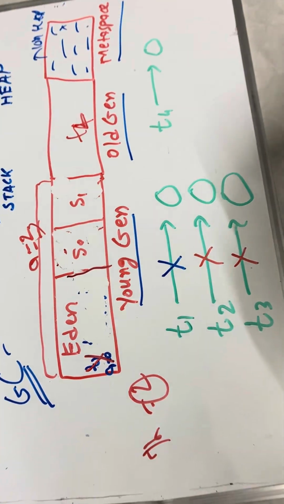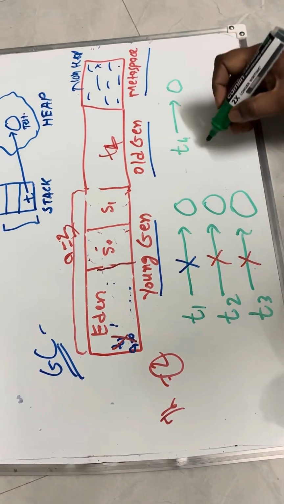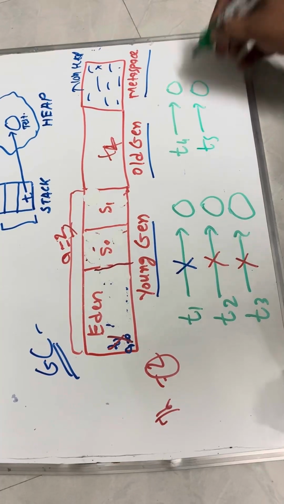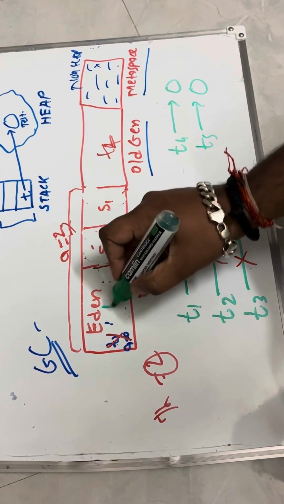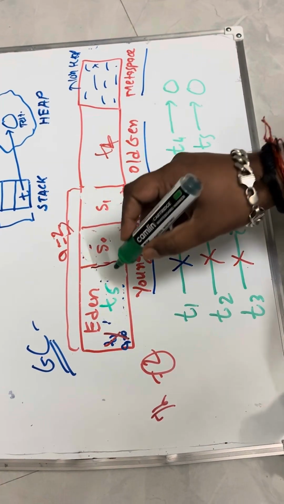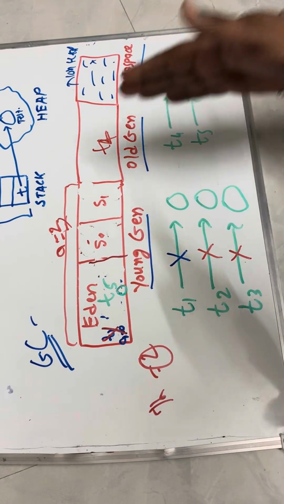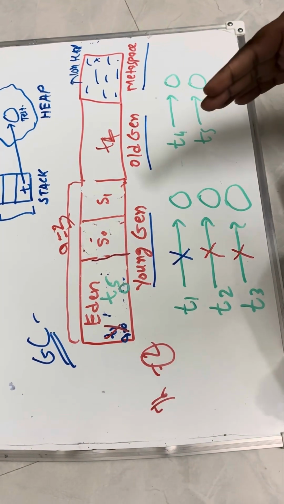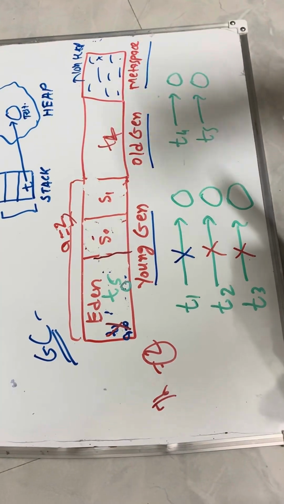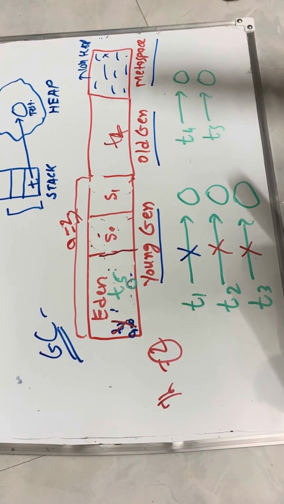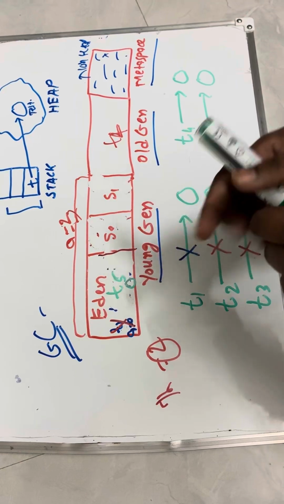By this time, let's assume we defined one more object, T5. Again it will follow the same cycle. T5 will be created in the eden space with its age being 0, and it will follow the same cycle. The minor garbage collector usually happens very frequently to manage the memory within the young generation space.